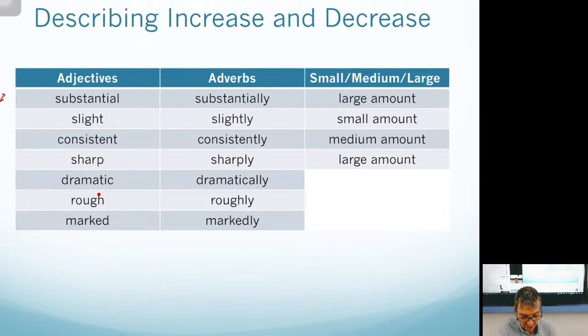Then we have dramatic, which is large. If you think about drama, then this is something which is intense or interesting. And then roughly, this is a bit of a trick one, because you can't use roughly so much with an increase and decrease, but it's just telling us that it's not exact or it's not precise.